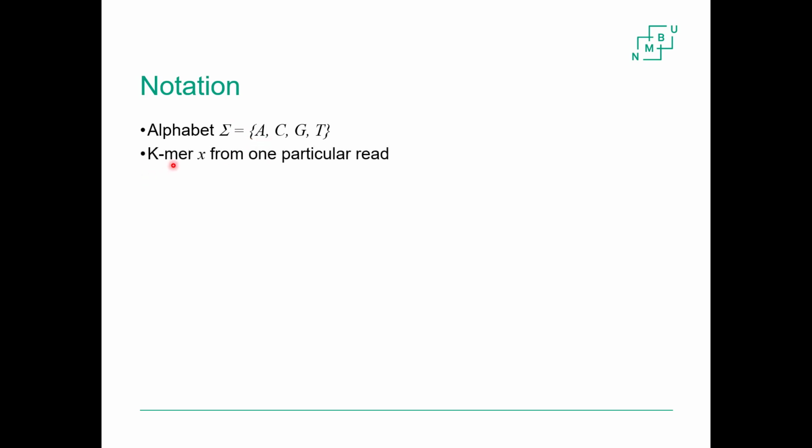For instance, the capital sigma is the alphabet, which is actually the symbols that we work on here. Since this is reads, it's the DNA alphabet. But alphabet is something that you can find mentioned in many papers of this kind. And it's usually either the DNA or the RNA or the amino acid alphabets. Then, of course, k-mers. This is the really basic quantity or element in this paper. So a small x here symbolizes a k-mer. So this is one k-mer collected from one particular read, x. And also the elements of this x are indexed from 0, and I think this is a little bit strange, but when you count elements in a vector, in R we count from 1.